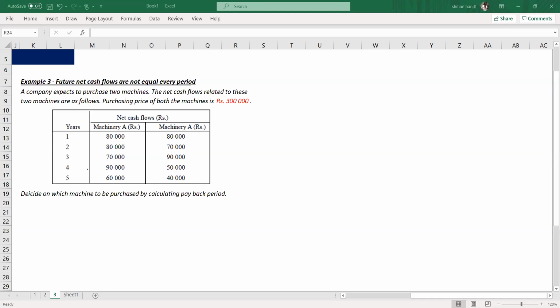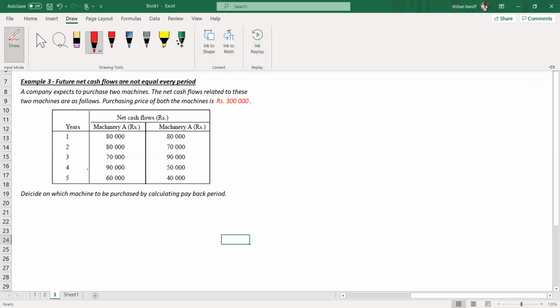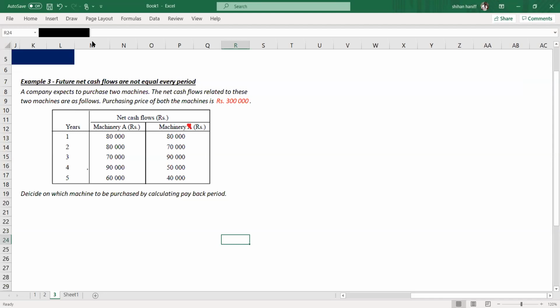Both the names are machinery. That's a mistake. The second one should be machinery B. This is machinery B.